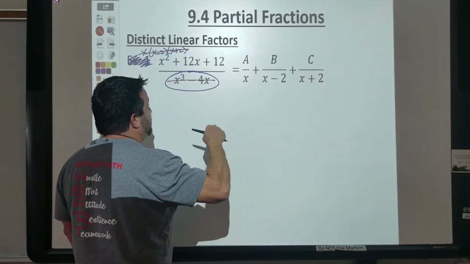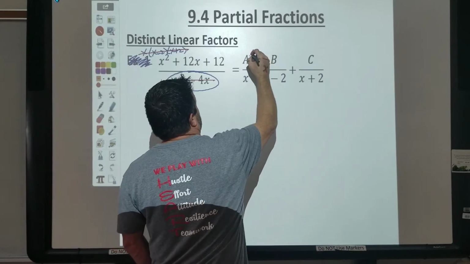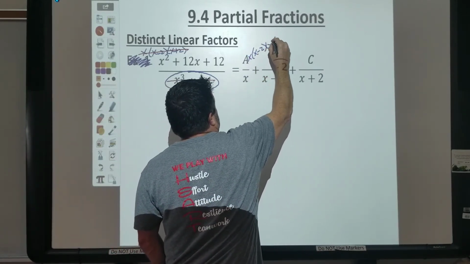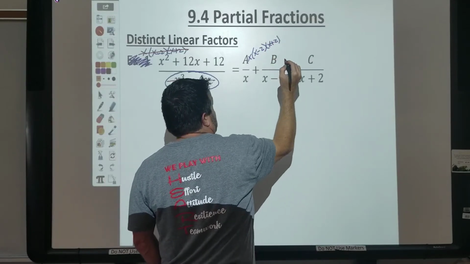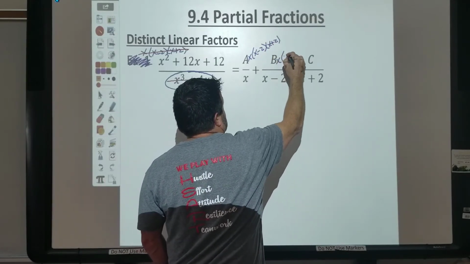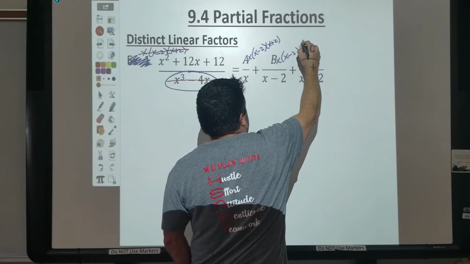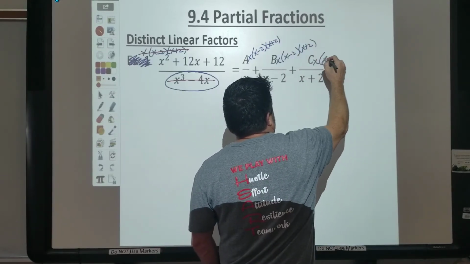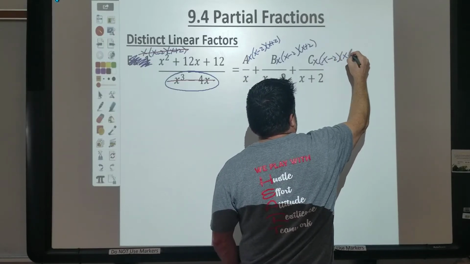So that means I have to take this first fraction and multiply it by x times x minus 2 times x plus 2. And I have to take this fraction times x times x minus 2 times x plus 2. And then take this one times x minus 2 times x plus 2.